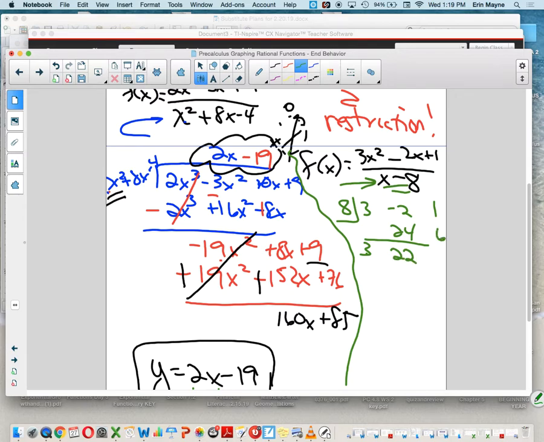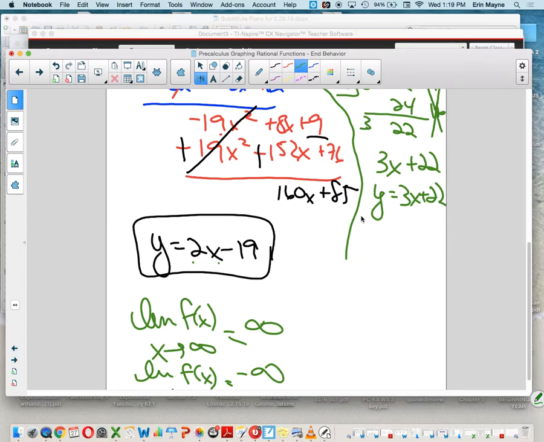And this is some remainder that I really don't care about. So it's 176, don't care. This is 3x plus 22. So my end behavior asymptote is there. In this case, my limit notation, similar to this last one, would be the exact same as this.